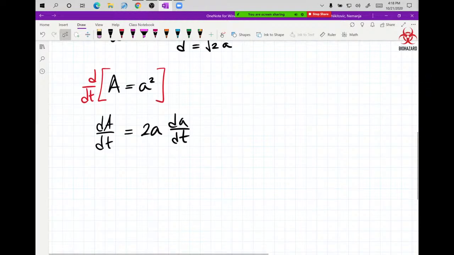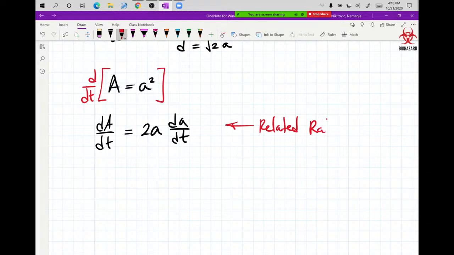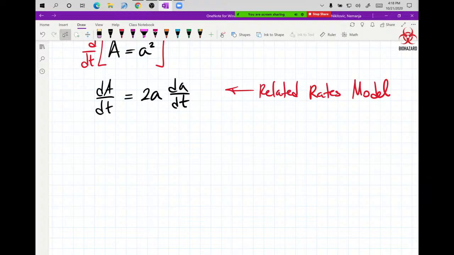And now this formula here is known as a related rates model. And it's a really cool thing because we can observe the growth of area in time as the length of the side grows in time.